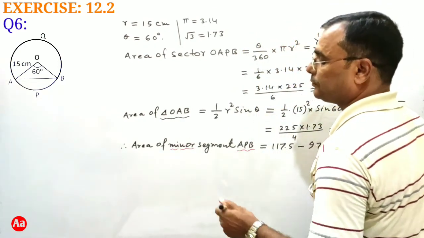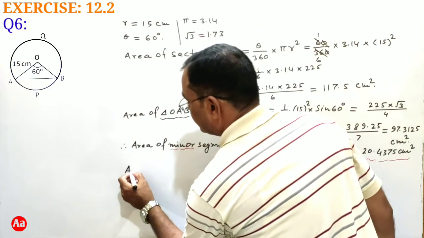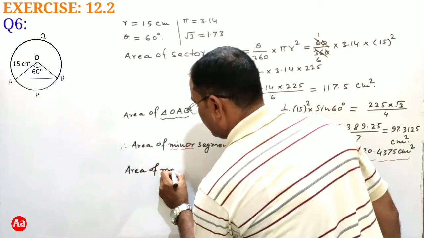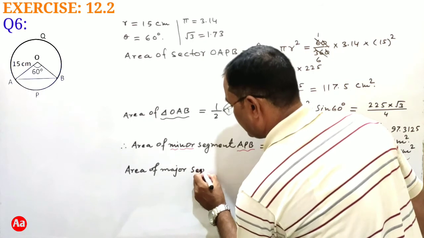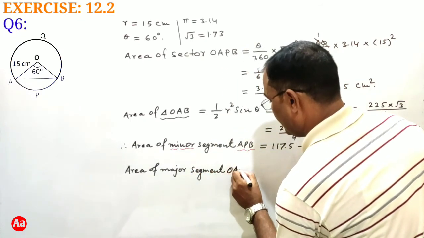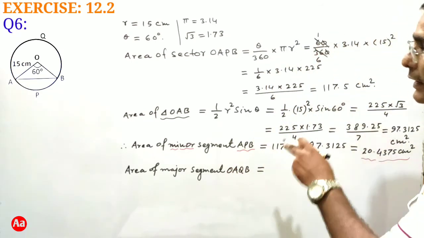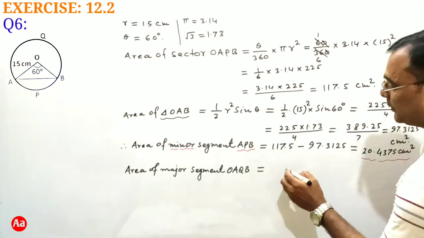Now we have to find the area of major segment OAQB. Area of major segment OAQB equal to area of the circle minus area of the minor segment.